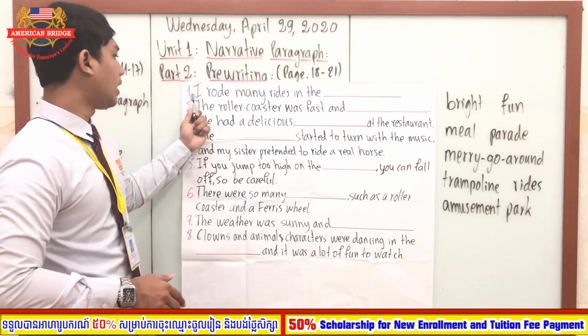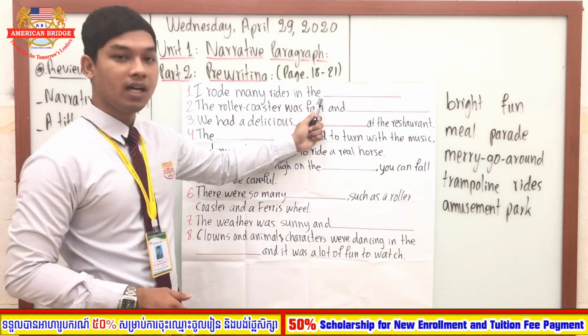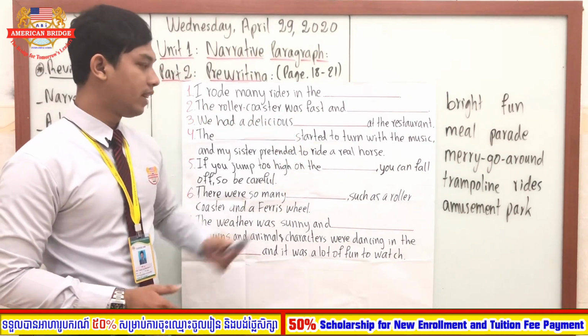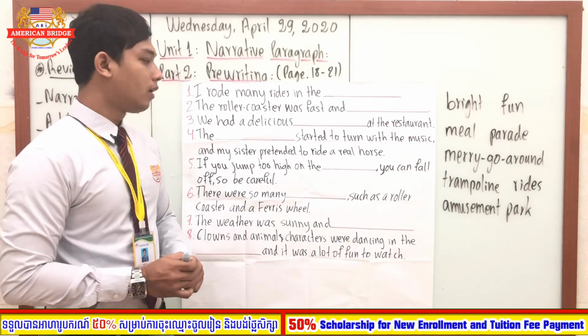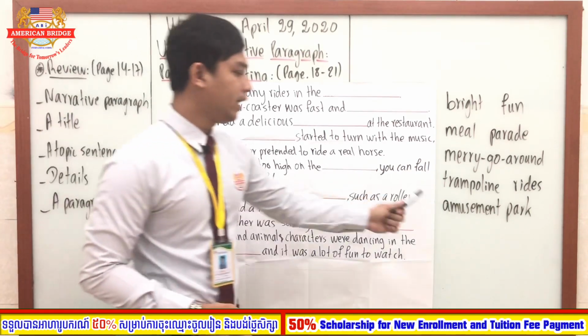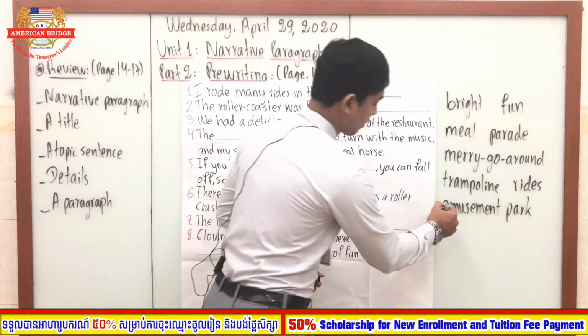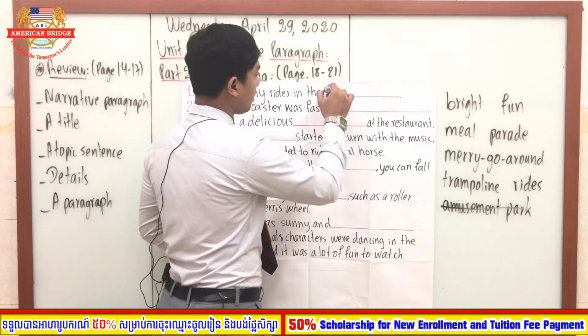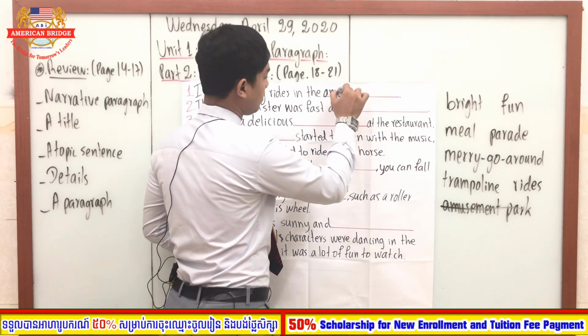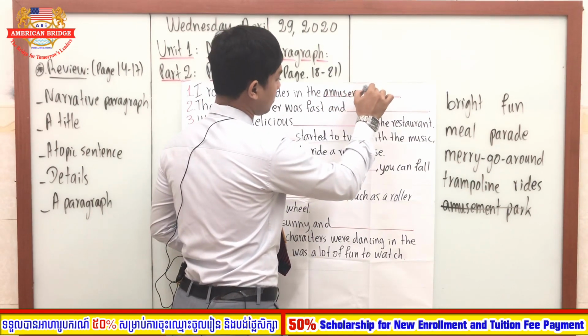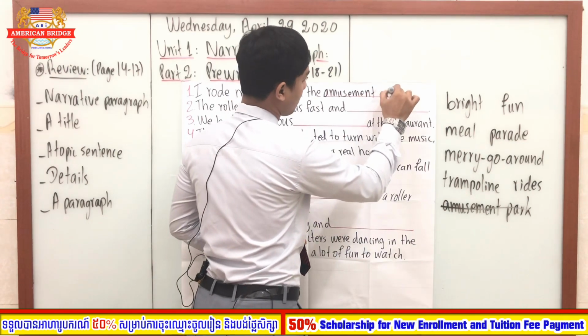Number one: I rode many rides in the what and what? Yeah, very good. In the amusement park. Okay, good. So I cross the amusement park here, and then I write amusement park.